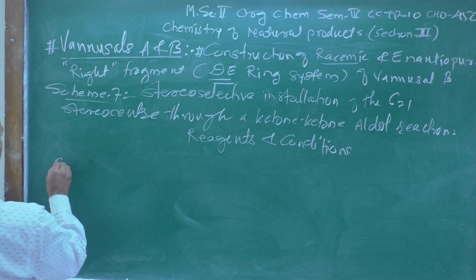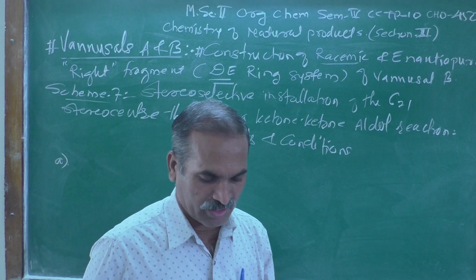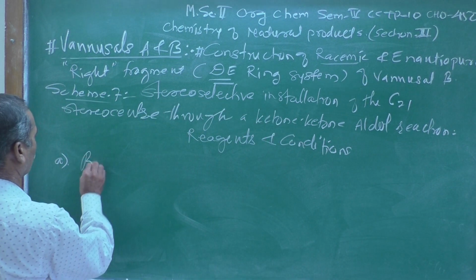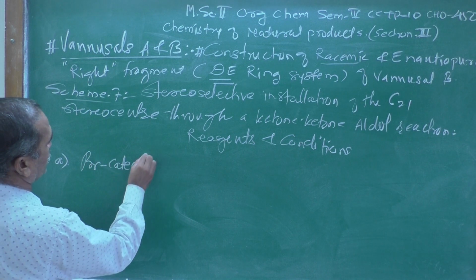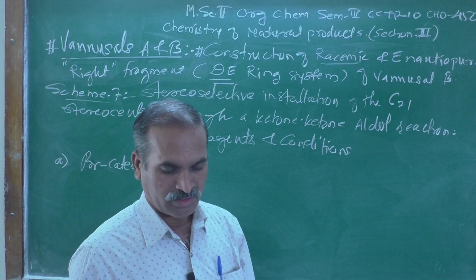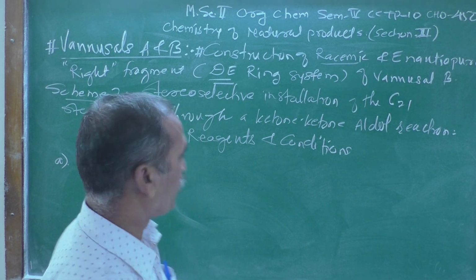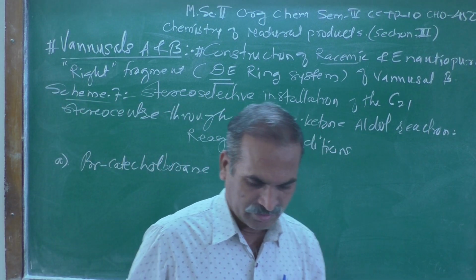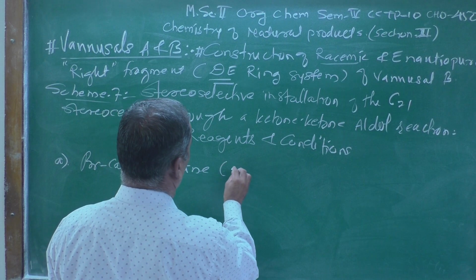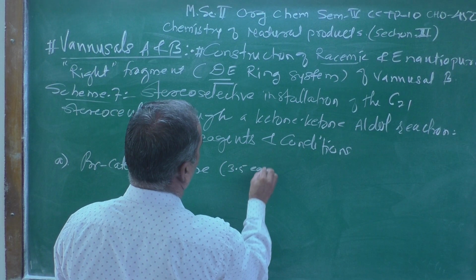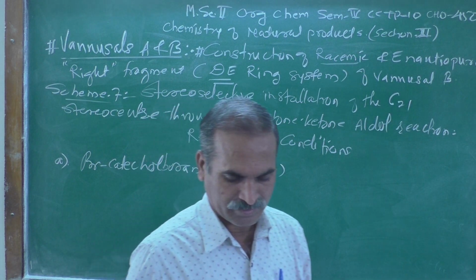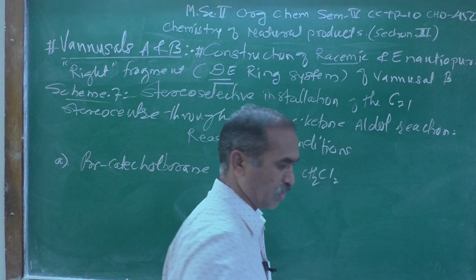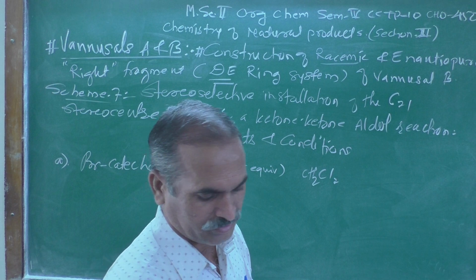The first reagent which we have used in this particular synthesis is Br catechol borane, which was used at about 3.5 equivalents, and the solvent used is DCM, dichloromethane, CH2Cl2.